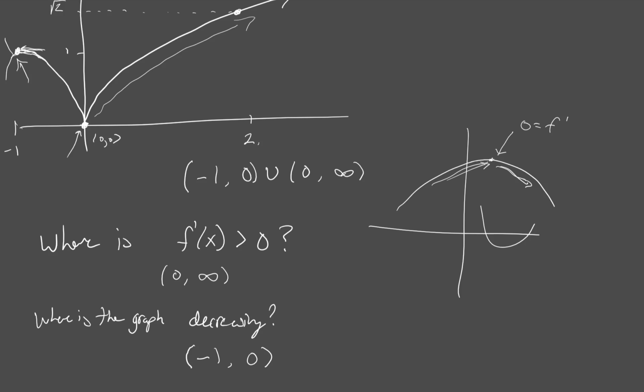Or if I had a bottom, there'd be a minimum, there'd be a zero slope on that minimum. Okay, but that is something we're going to talk about extensively in the future with optimization type things. We'll be trying to find those maximums and those minimums.